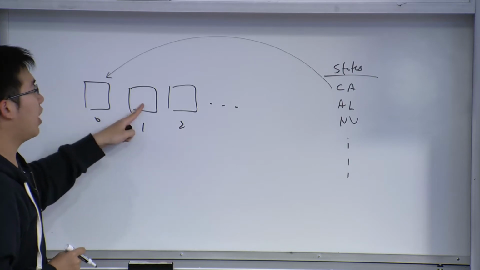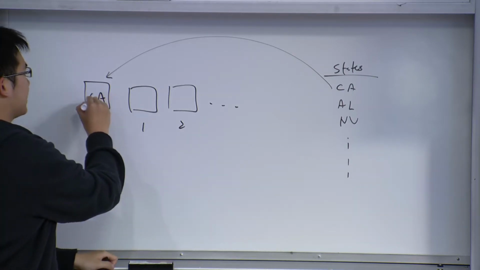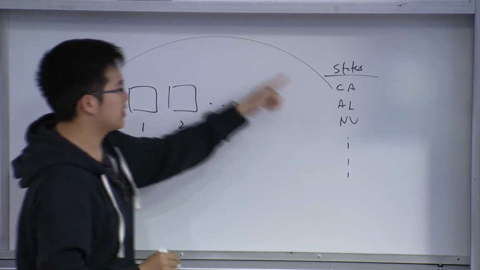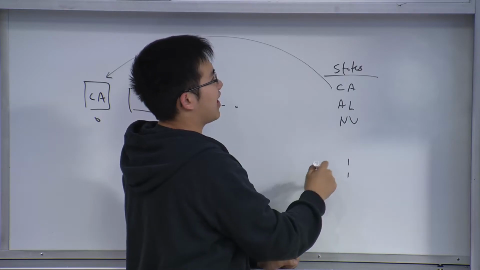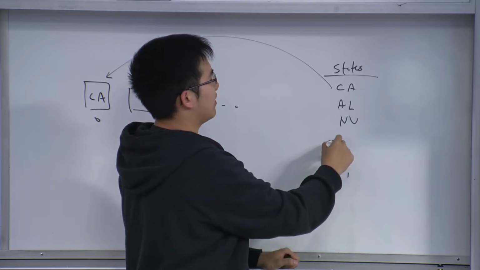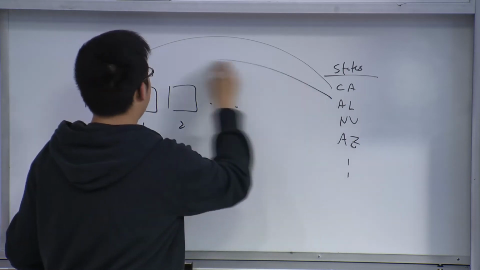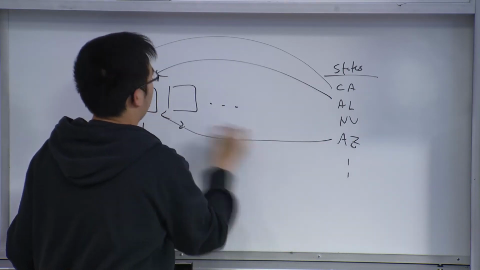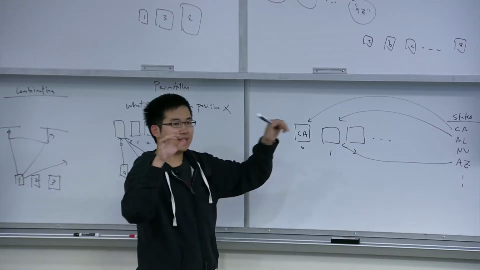Then in position 1, we look at the ones that start with an A, because we put CA here. So we go through all the ones that start with an A. What other states start with an A? Arizona, AZ. So here we can choose AL or AZ or some other ones. Our recursive tree looks like this: in the first layer we can choose anyone.